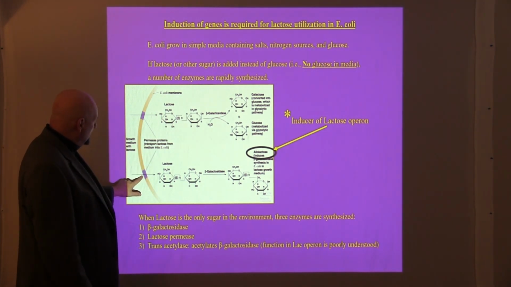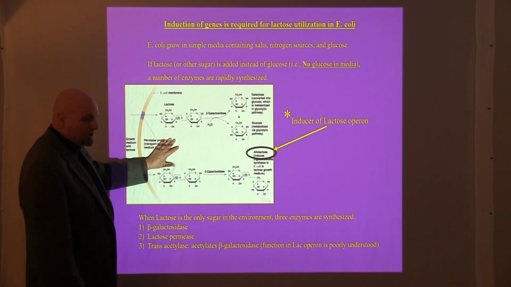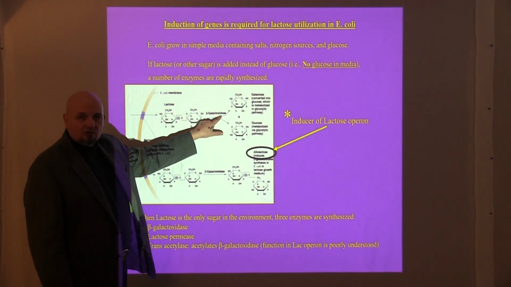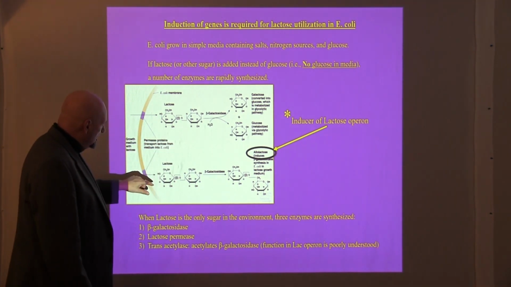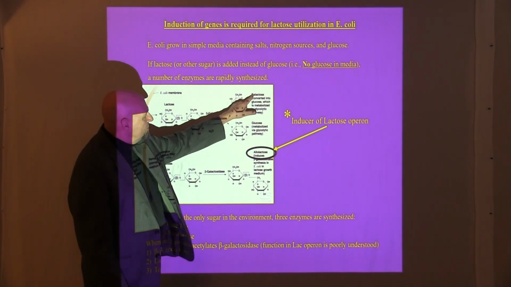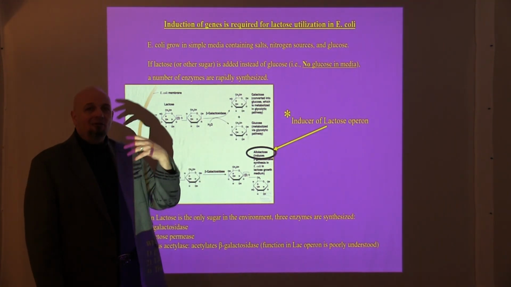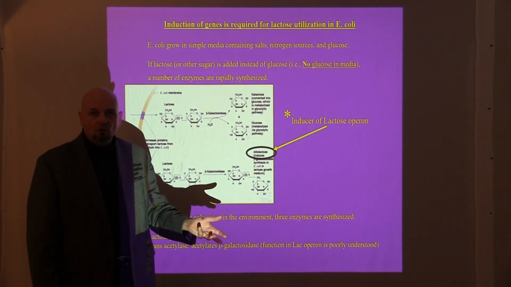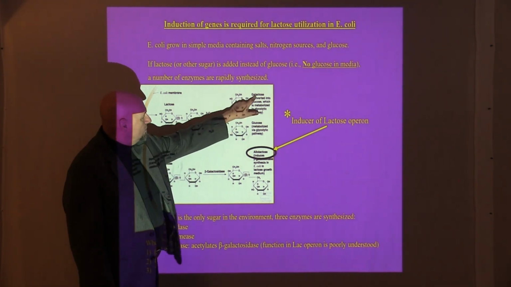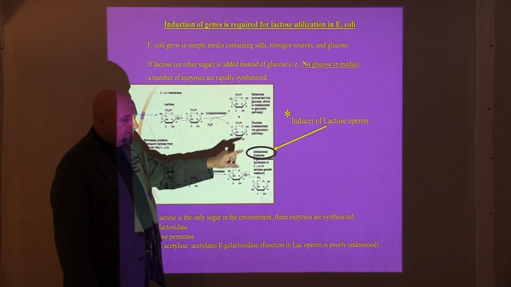So this permease allows lactose to be pumped into the cell. Beta-galactosidase is the enzyme that is going to break down that disaccharide into 2 molecules that can enter into glycolysis as well as the Krebs cycle. So it breaks down the lactose into galactose and glucose.